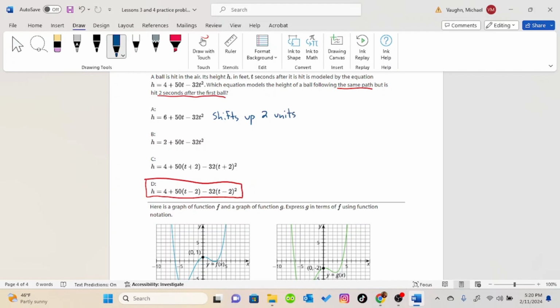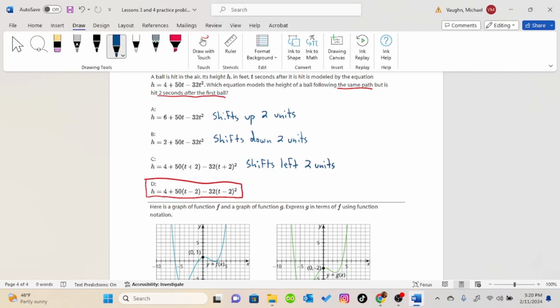B subtracted 2, so that shifts down 2 units. And this one added 2 to the input, which shifts left 2 units.